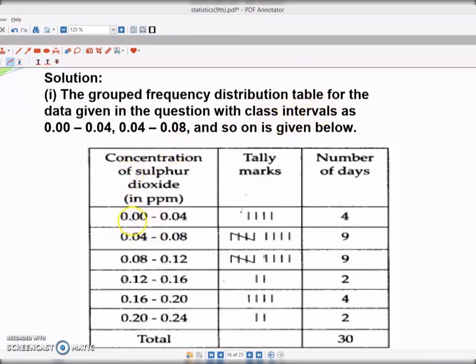The first interval was 0.00 to 0.04, and from the data you will see that there are 4 days on which the concentration was between 0.00 to 0.04 parts per million. There were 9 days when the concentration was between 0.04 to 0.08, and so on. This data has been recorded for 30 days.